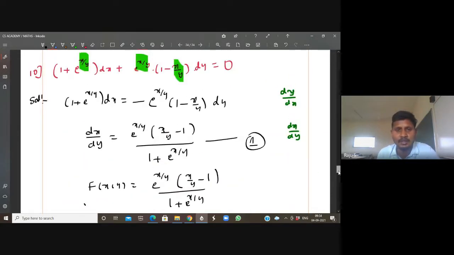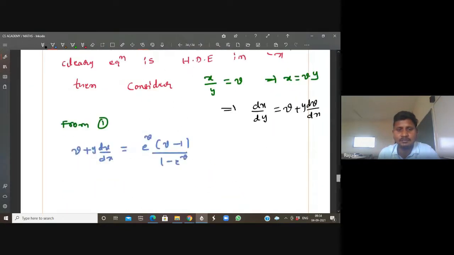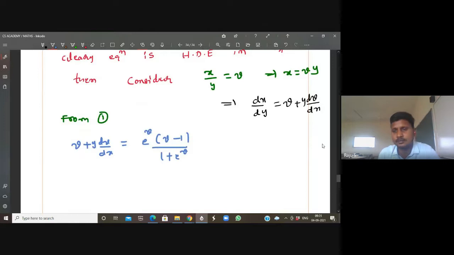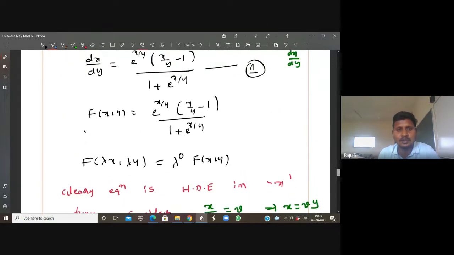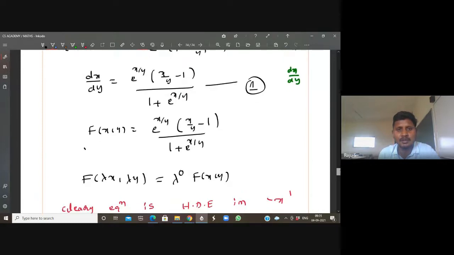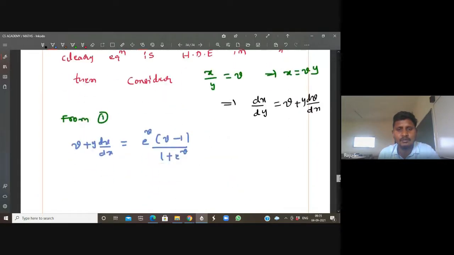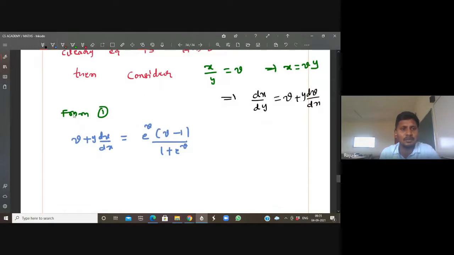Note the denominator: it is plus. X by y you can replace with v. Am I right? Replace x by y with v. So now, this v you can take to the right side. Y dv by dy, here it is with respect to y, this is y not x, because we have to differentiate with respect to y.